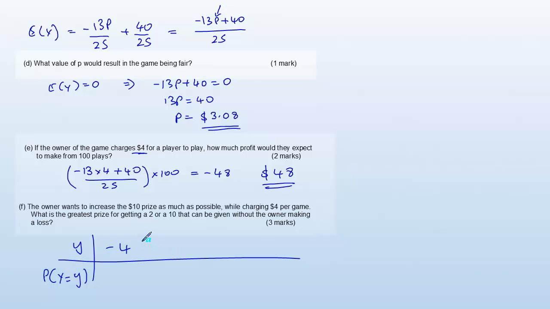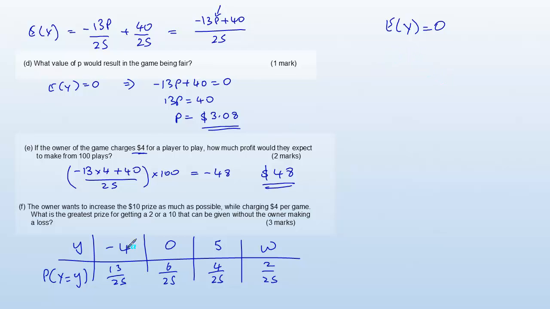And we now know this is negative 4. And we have 0, 6 over 25, and we've got 5 with 4 out of 25, and then we don't know what the winnings are going to be. 2 out of 25. And basically, we just want expectation of y to be equal to 0. We want to put it back to being fair.